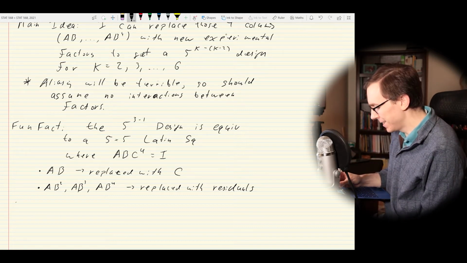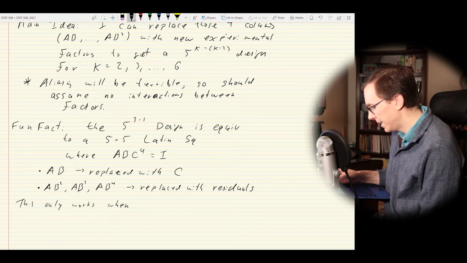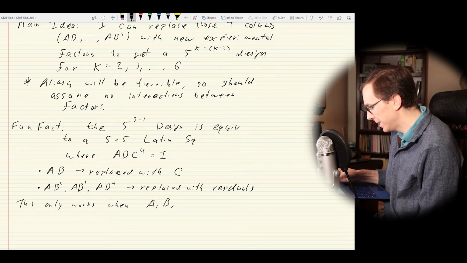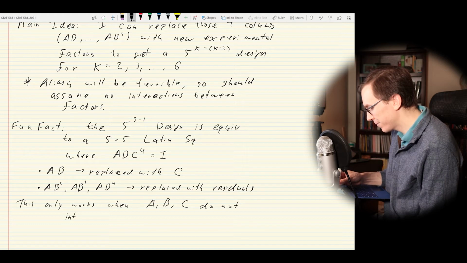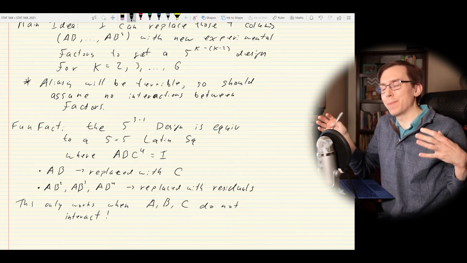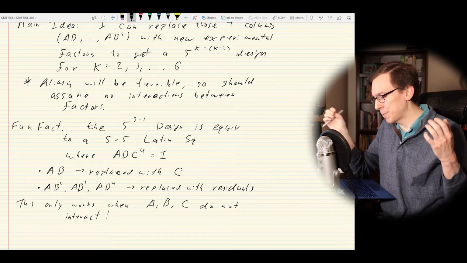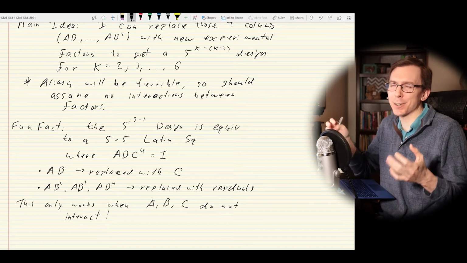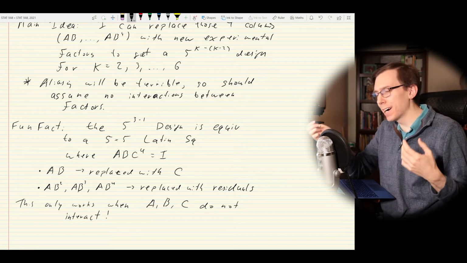And basically, this only works when A, B, and C do not interact. And again, when we talk about a factorial design, I'm usually saying that A, B, and C are experimental factors, whereas with a Latin square, A and B would be row and column block factors.